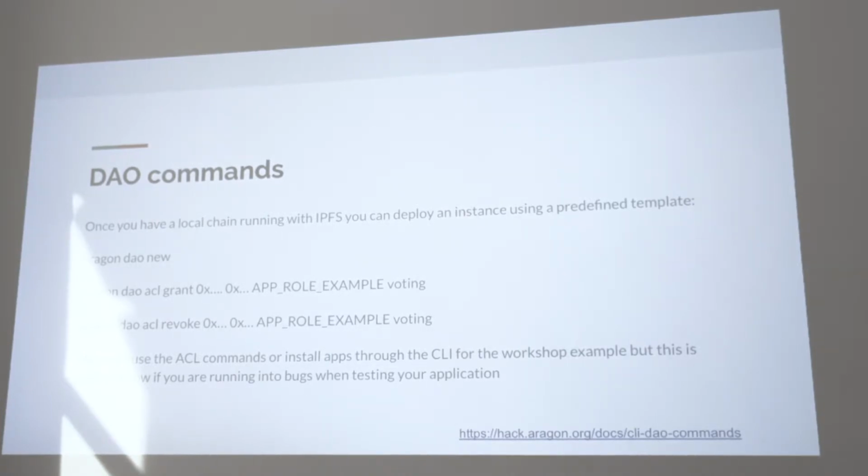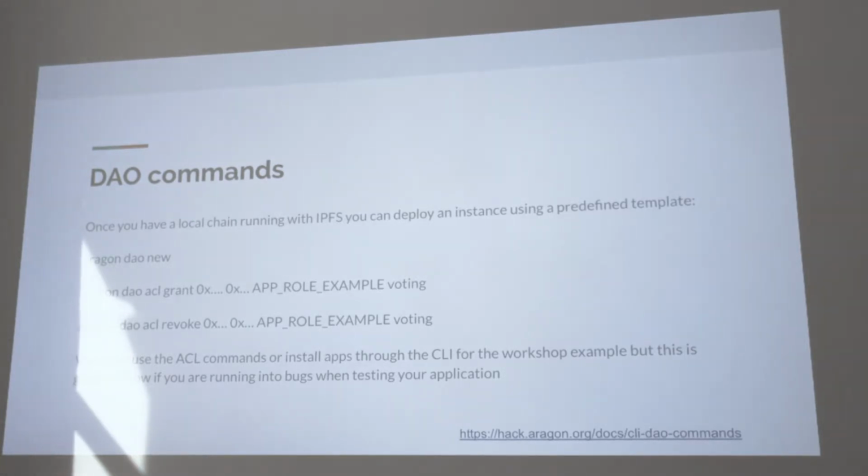And I should have shared this with you guys, because if you go here, it shows you all the different parameters if you want to change your environment or pass in all this other stuff. And like I said, we won't use the ACL commands, but you can use them to debug your apps. You can actually grant and revoke permissions directly from the command line interface.